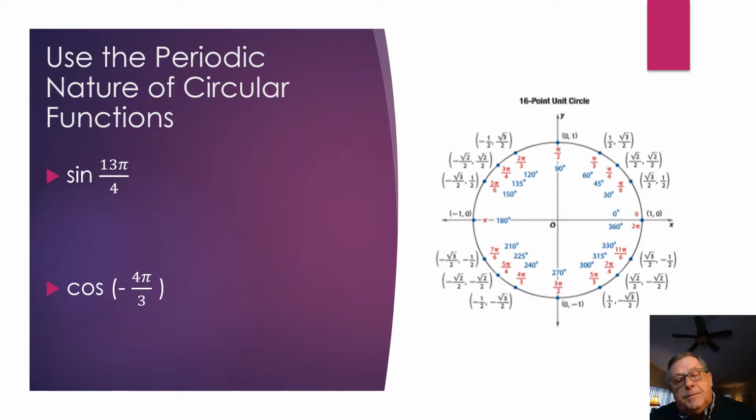If we express 2 pi in terms of something over 4, that would be 8 pi over 4. So I could take 13 pi over 4 and subtract from it 8 pi over 4. That's 2 times around counterclockwise, and that would leave me with 5 pi over 4.